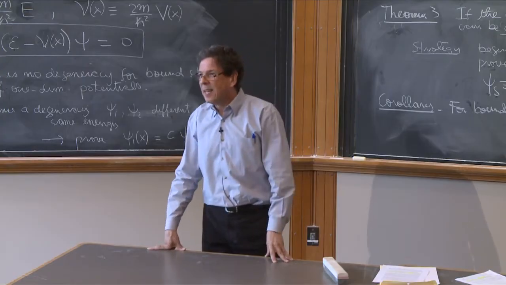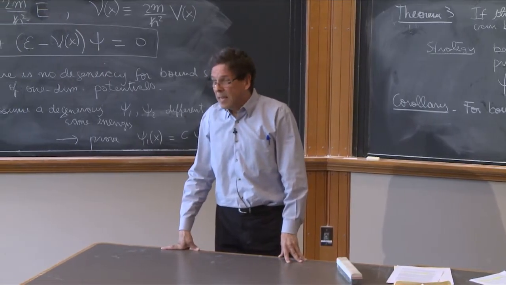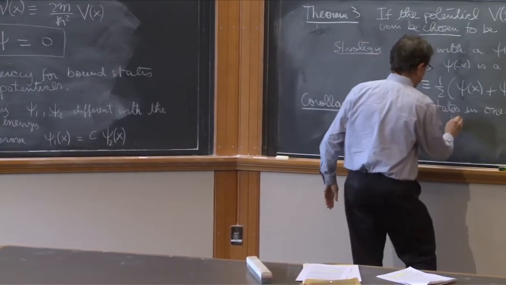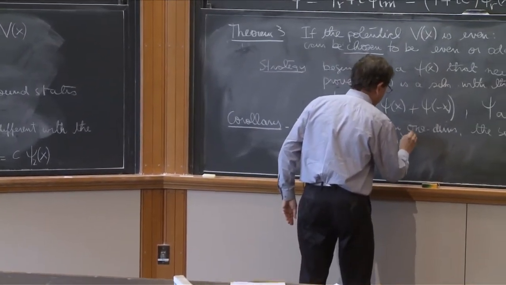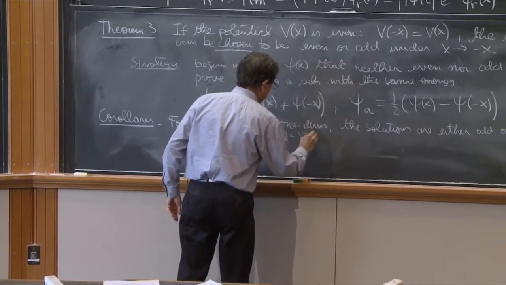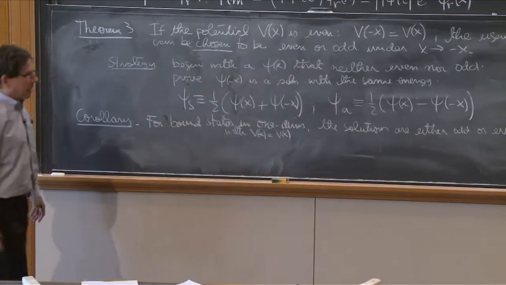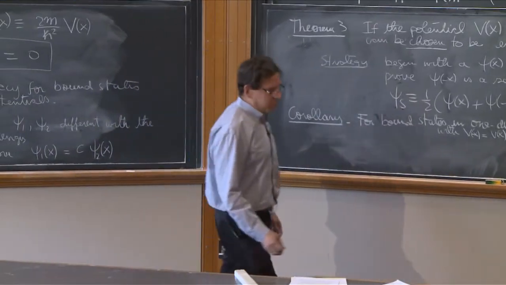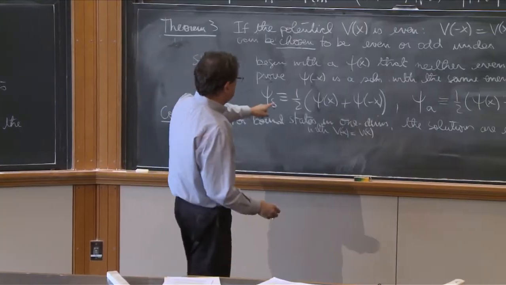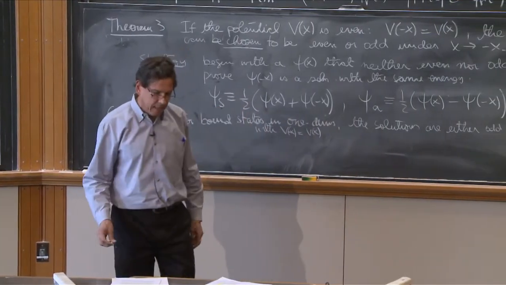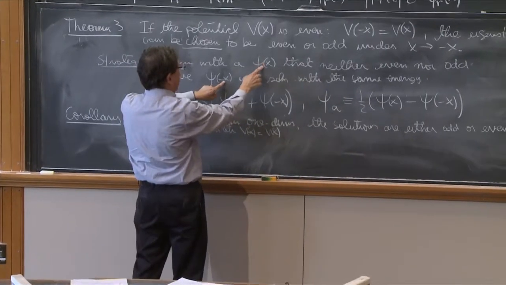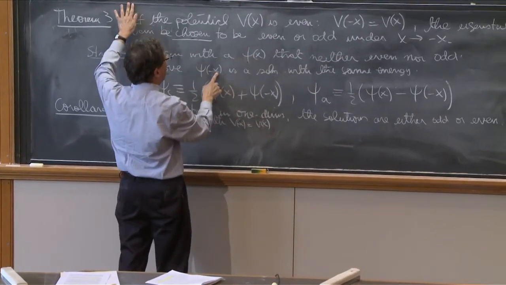This is for even potentials, yes. For bound states with even potentials. V of x, V of minus x equal V of x. Yes. So how do we show that? Well, again, you got two solutions here that are degenerate and have the same energy, psi of x and psi of minus x.